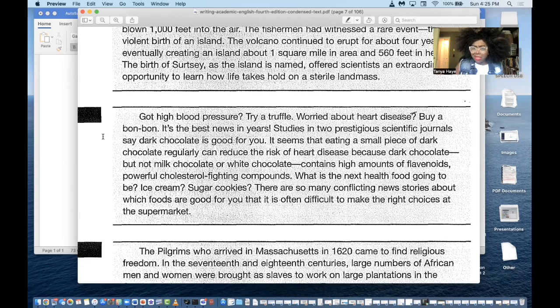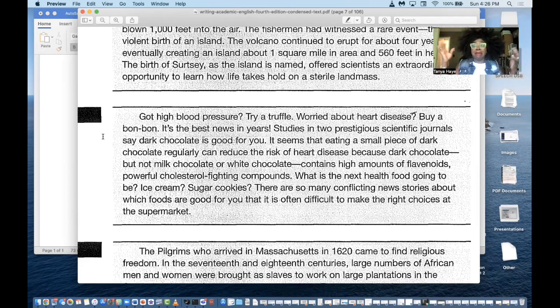What is the next health food going to be? Ice cream? Sugar cookies? There are so many conflicting news stories about which foods are good for you that it is often difficult to make the right choices at the supermarket.